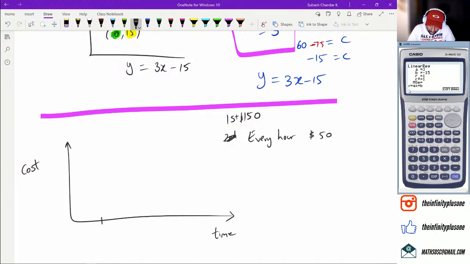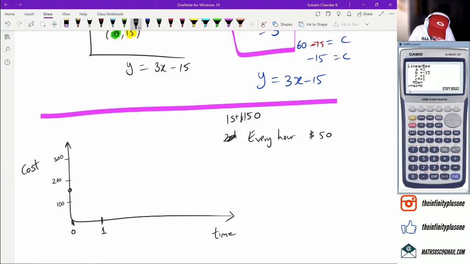For the first hour, between 0 and 1 hour, he's going to charge us $150. At 0, he really should not be charging me anything. These are terrible diagrams, but you get the idea.